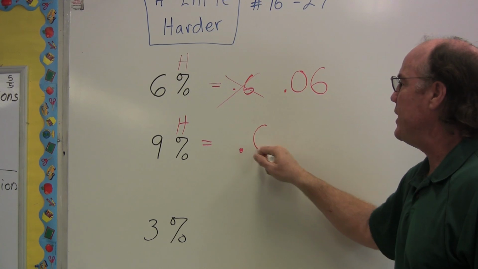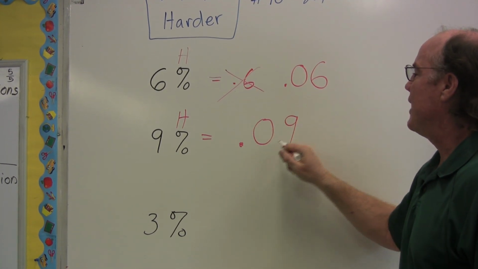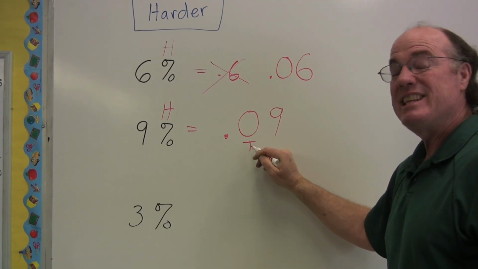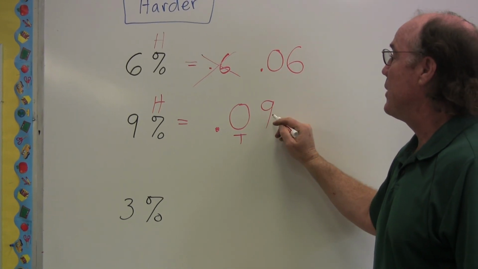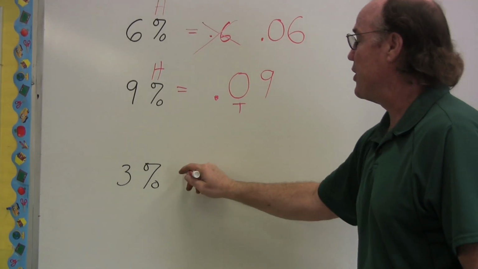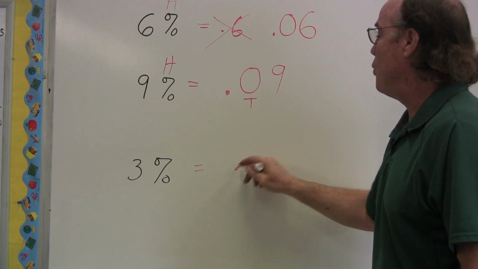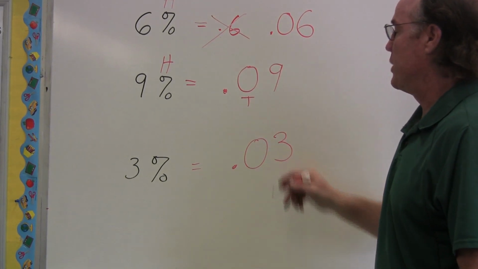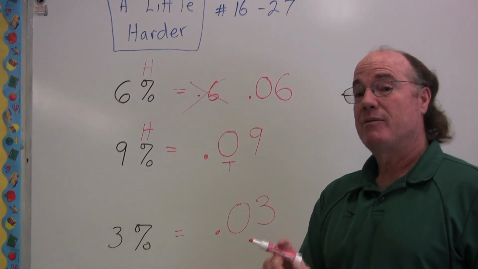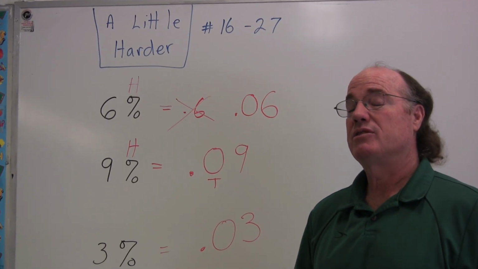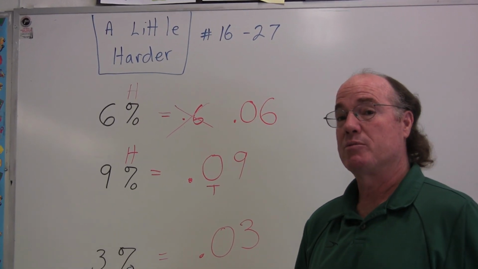So 0.09. We have nothing in the 10th place, and then we have 9 in the hundredths. And then 3% is 0.03. And our next level, the difficulty factor will go up even more.